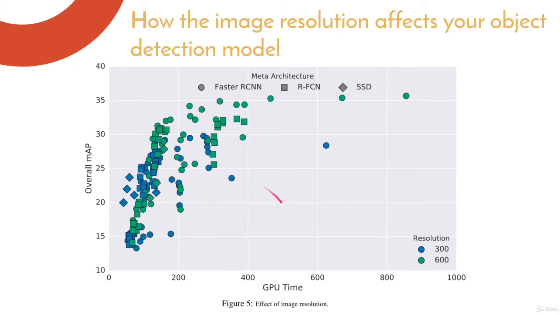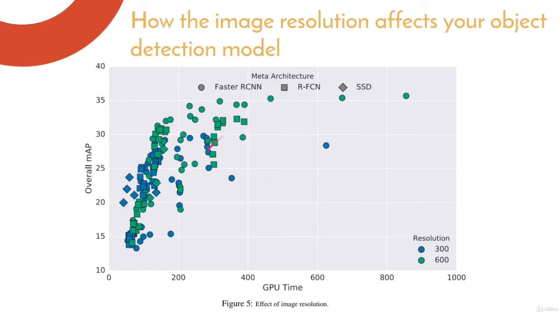some immediate things. For example, if we have large images, so 600 by 600 in our input, we see that overall FastRCNN performs better. So the accuracy, or the mean average precision, is much better when using FastRCNN.